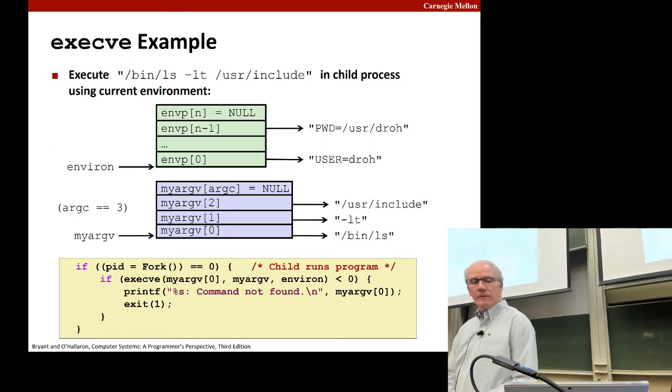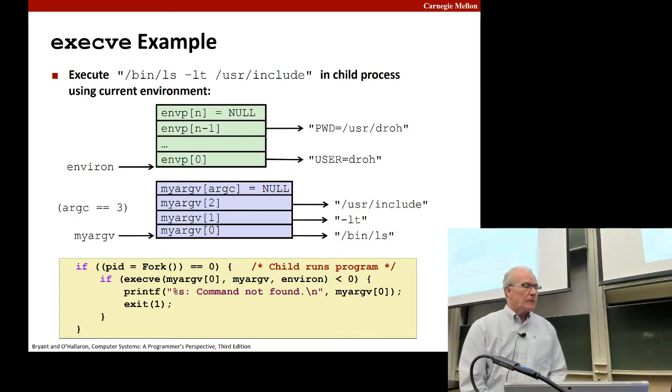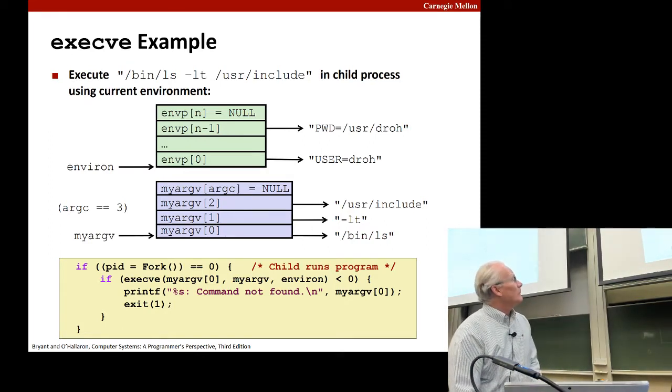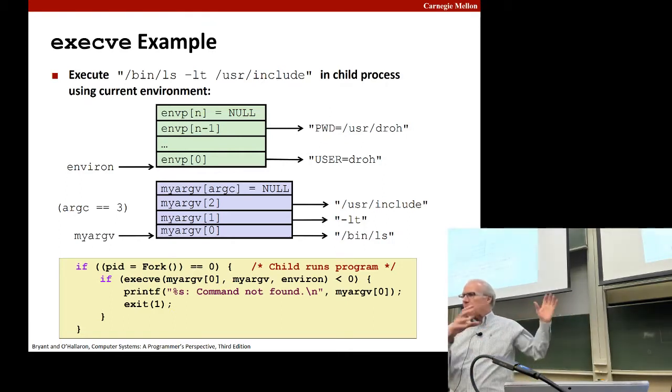Like, what's the point of the outer if statement? So the question was, why in this example is it doing this test, is the PID equal to 0? This is a little snippet in a bigger context that we'll see shortly.